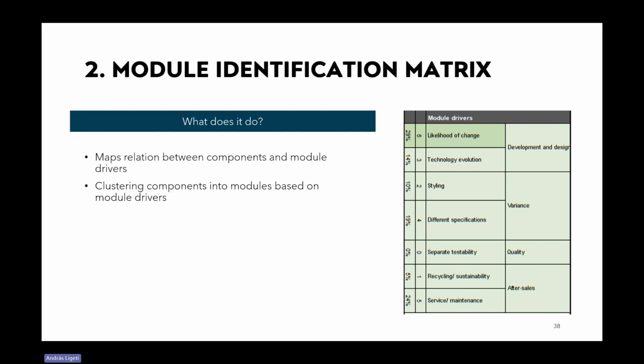They also wanted to include technology evolution, styling, different specifications, and so on. We also made a priority of these module drivers. For us, likelihood of change was the most important one. It got a 6. Service and maintenance was also quite important. This got a 5. So we made some kind of ranking between the module drivers, because it can be the case that some module drivers are more important than others.